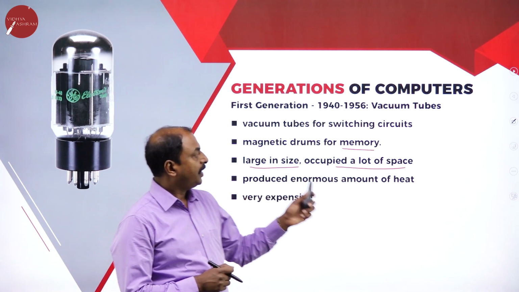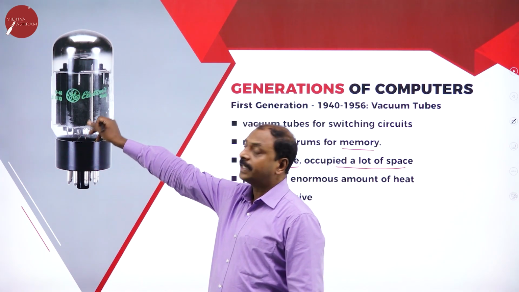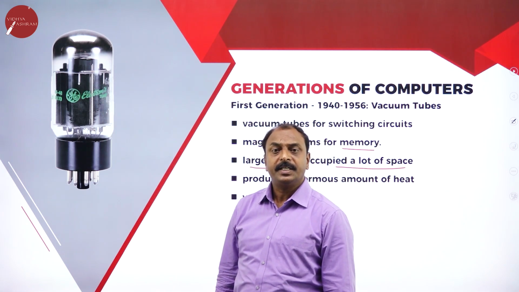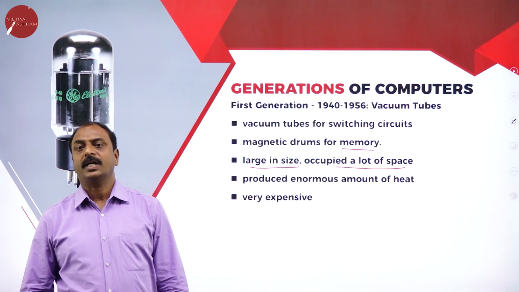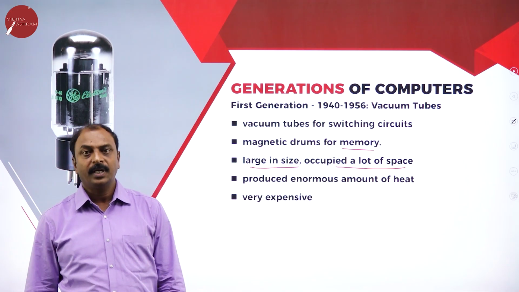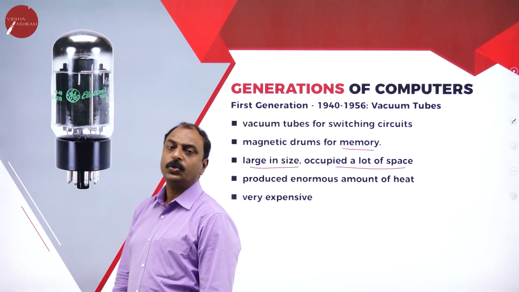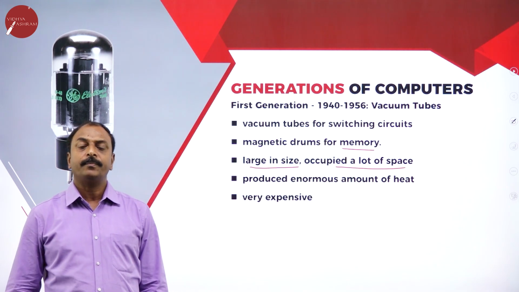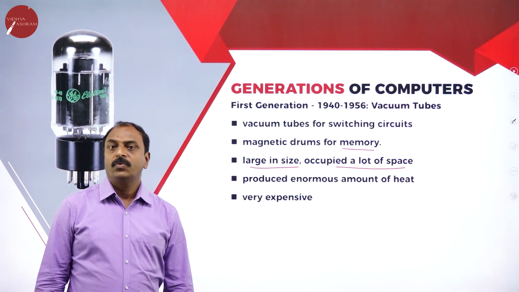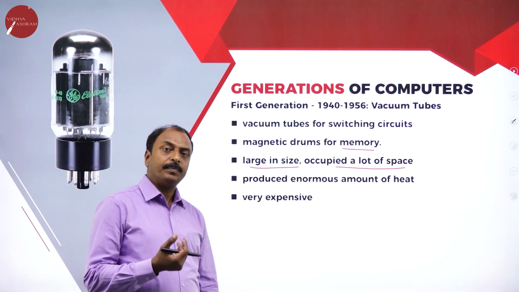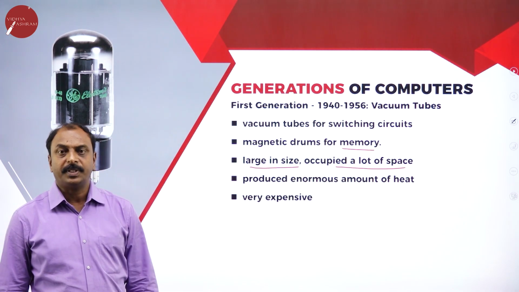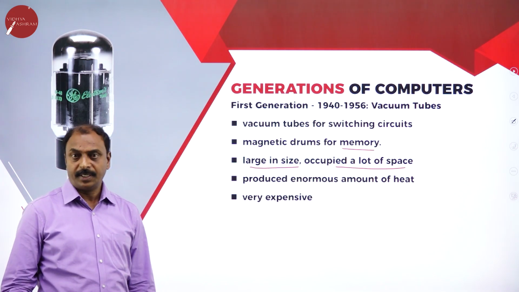And as you know, it is an electric device. An electric device normally generates a lot of heat if you use it continuously for many hours. Just imagine if you switch on any of your electric bulbs for a long time in your home, it generates heat, so the room temperature changes.